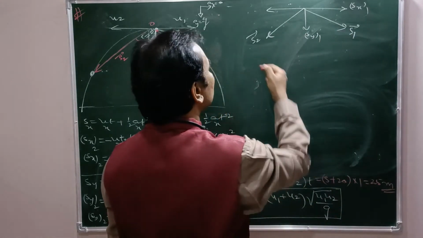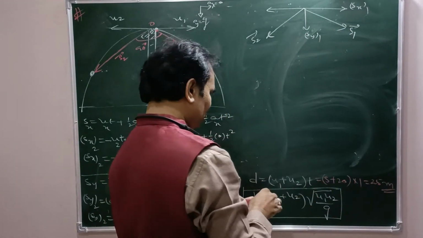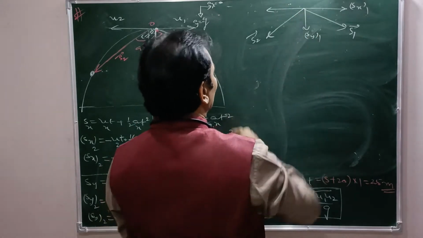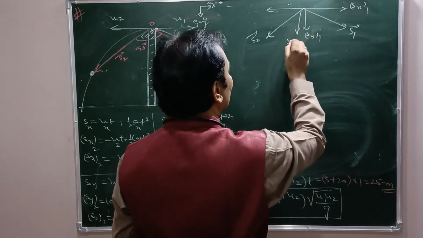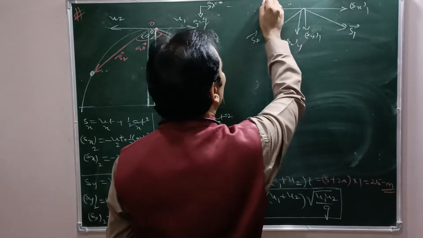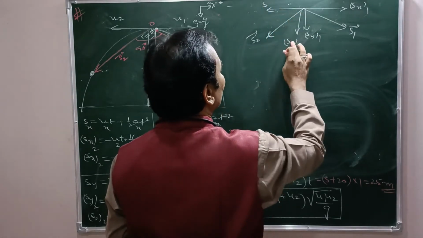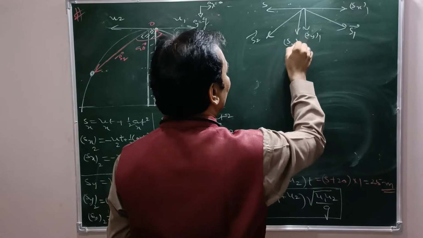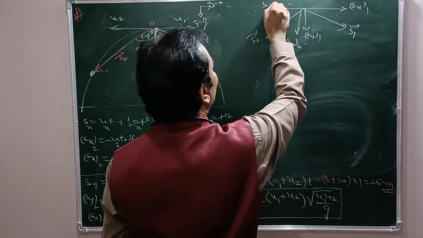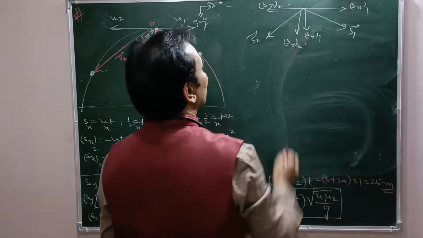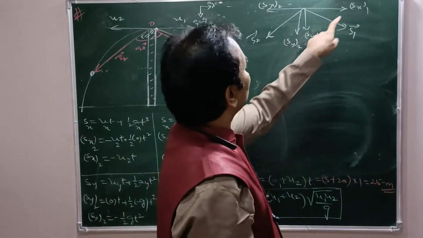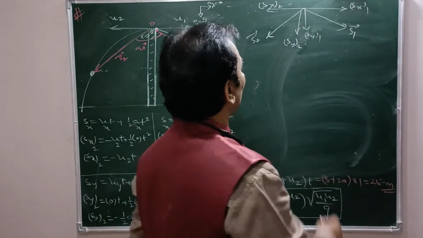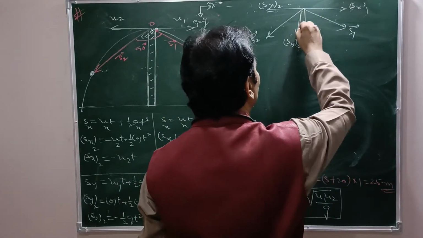Similarly, S2 bar has two components. See here, this is S2y, this is Sy2, Sy for the second projectile. This is Sx for the second projectile. See these two components for S2, these two components for S1.